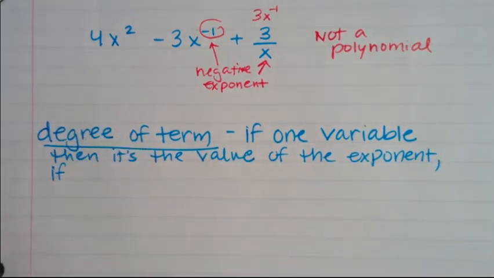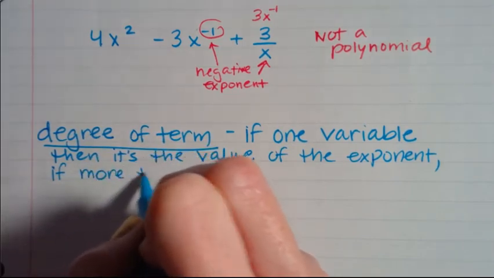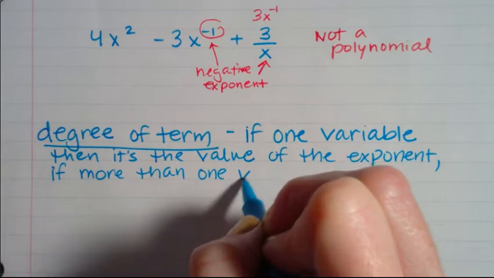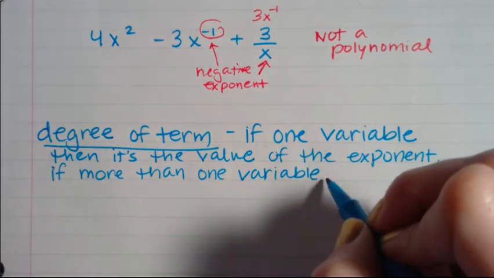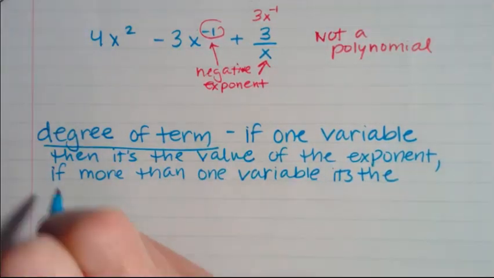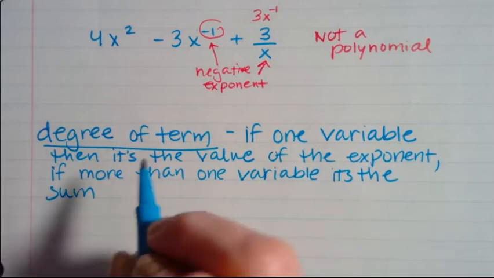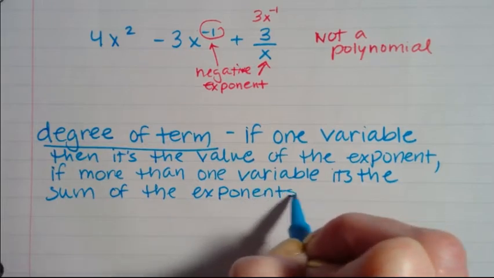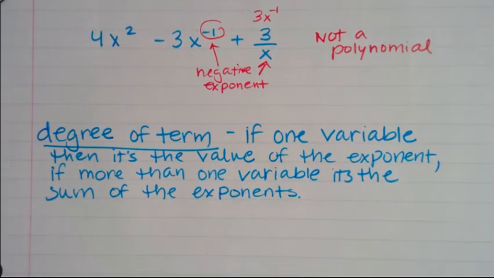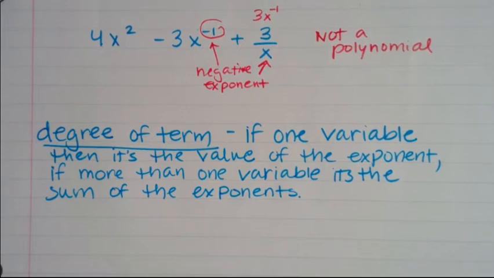If more than one variable, it's the sum of the exponents. Okay, so this is for determining the degree. So if you only have one variable, then the degree is the value of the exponent. If you have more than one variable, it's the sum of the exponents. And that's the degree of the term.